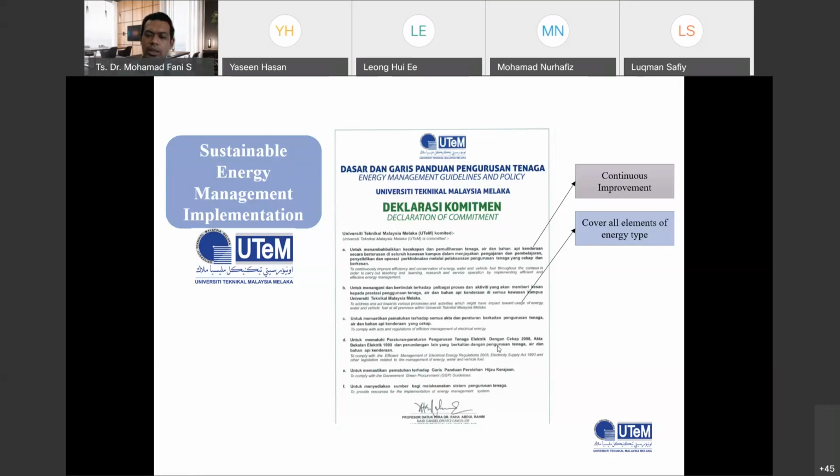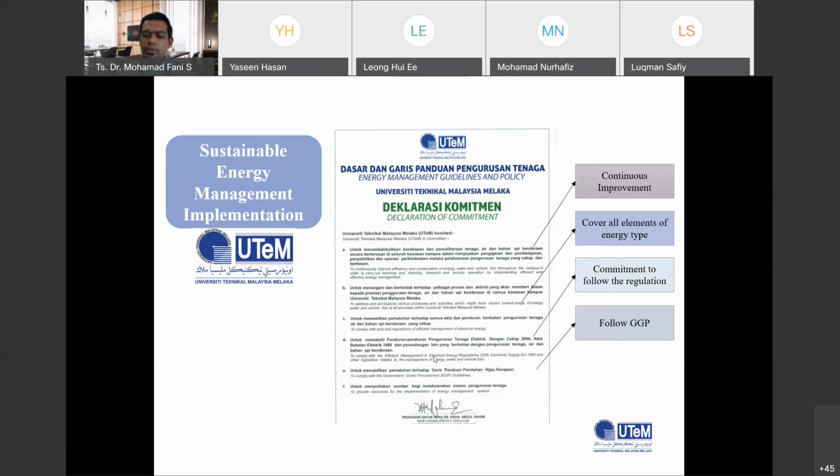The third one is the commitment to follow the regulation, and we clearly state the Electricity Supply Act and EMER 2008.